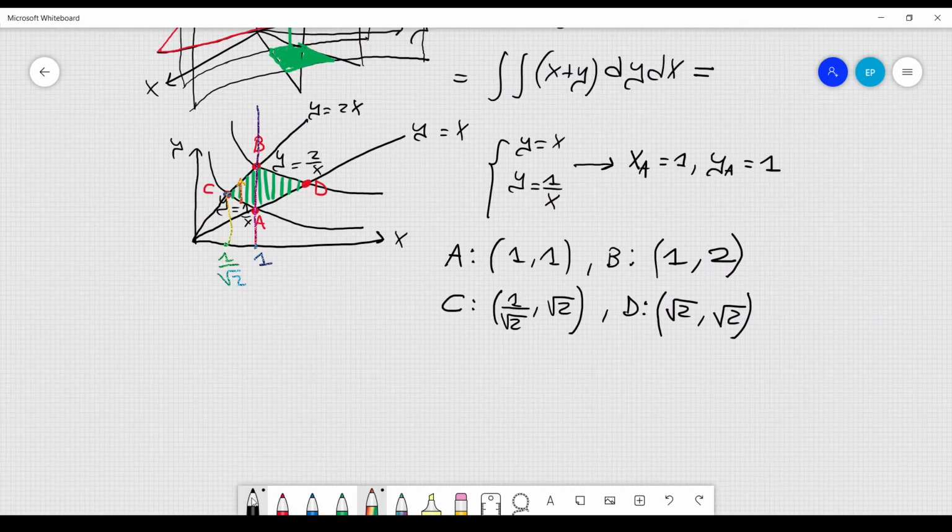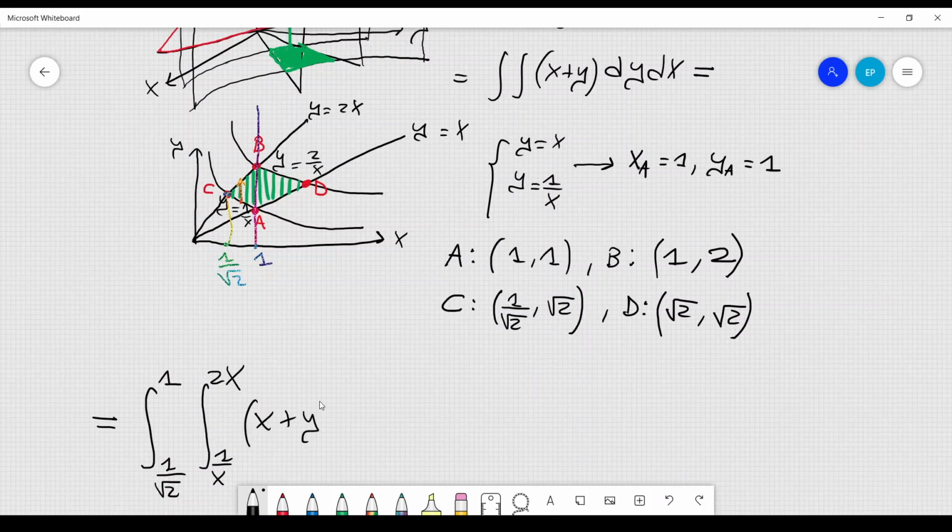So the first integral will go from 1 over square root of 2 to 1. Then I have the integral from 1 over x to 2x of the same function x plus y dy dx.